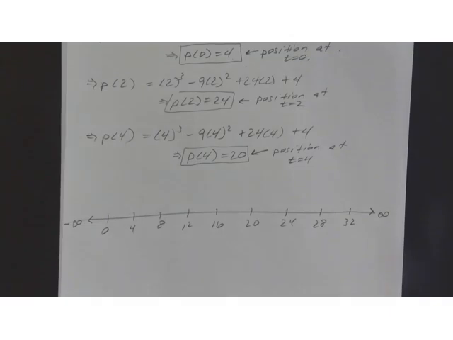I should have made that lower. Why do I not give myself enough room? That is a horrible habit. I'm so worried about putting everything on one page. I always forget to give myself enough room. So I'm just going to erase that and lower it.